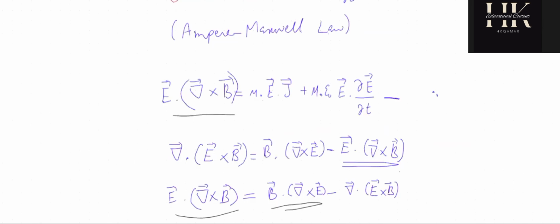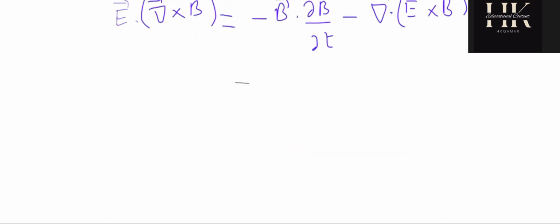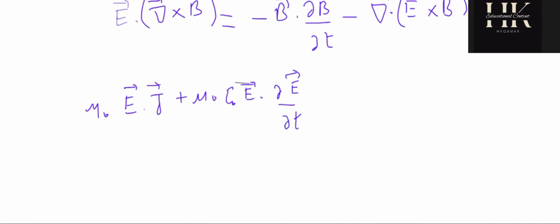So from equating equation 1 and 2, we get mu naught E dot J plus mu naught epsilon naught E dot curly E by curly T is equal to minus B dot curly B by curly T minus del dot E cross B.